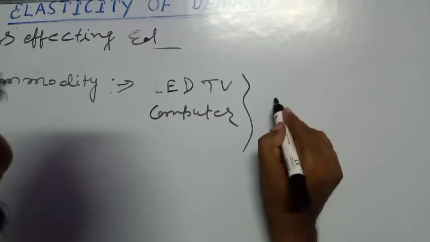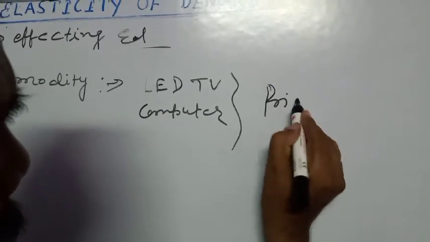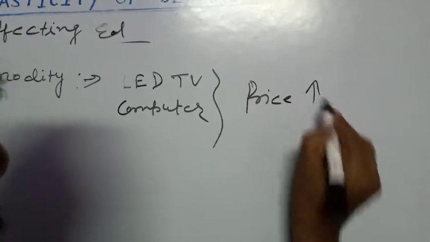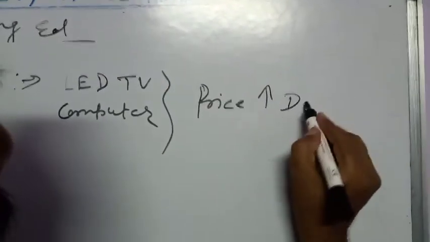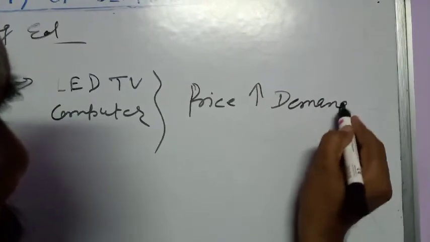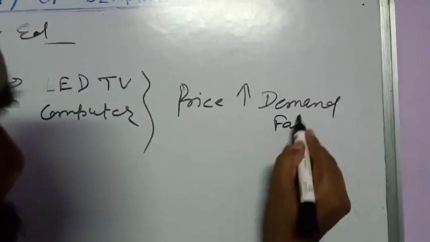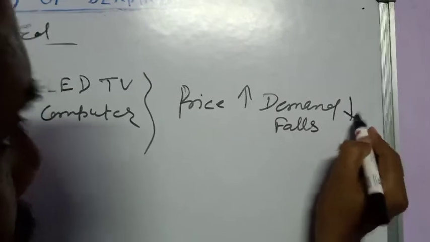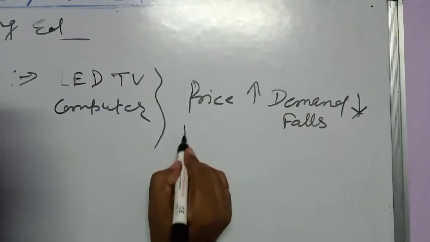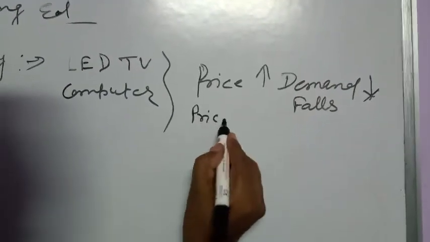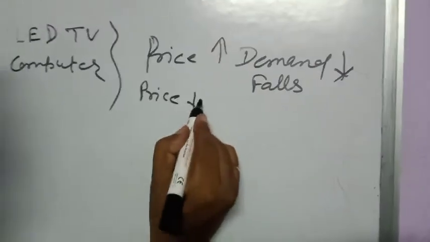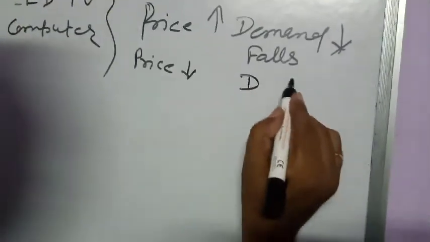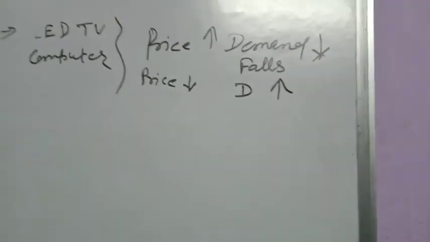If its price rises, demand falls. And with a slight fall in the price, demand increases at a faster rate.